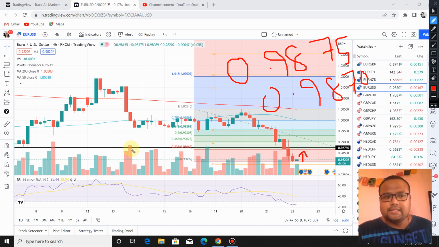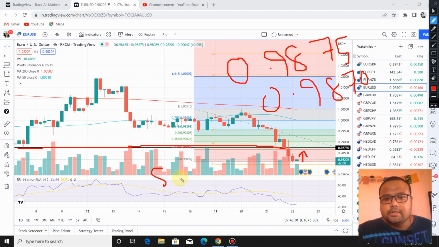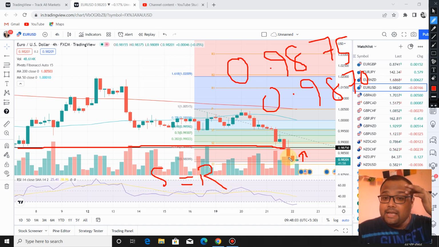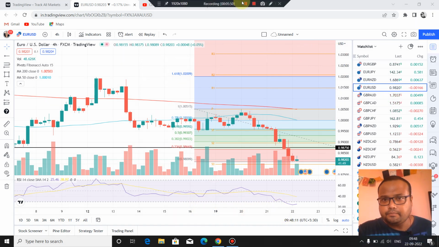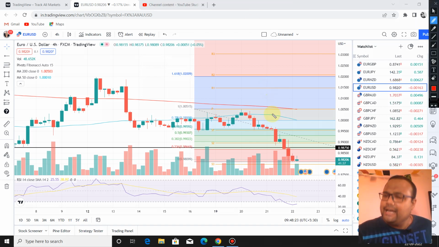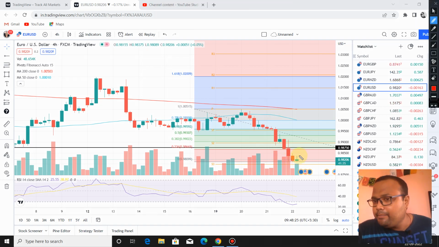Why the first resistance? You can see previously this level acted as support, so support will now be acting as resistance. And on the other hand, we also have the Fibonacci 23.6% retracement level. If we combine both factors here, there is a high chance that if the market goes up, it will face some serious selling pressure around this level.